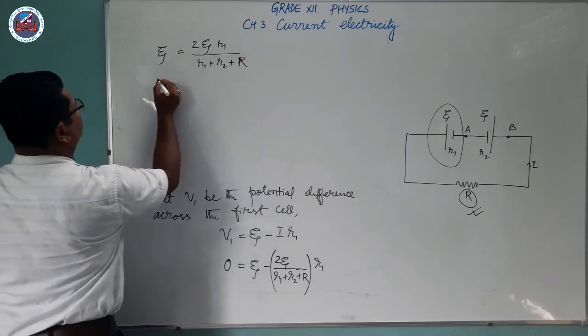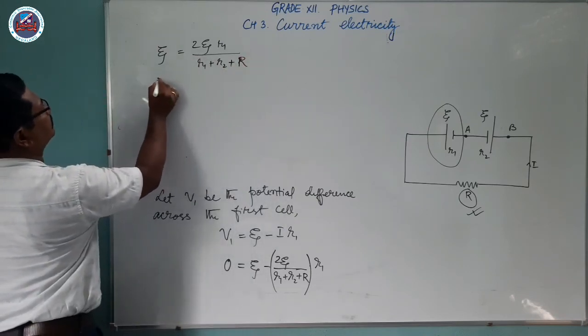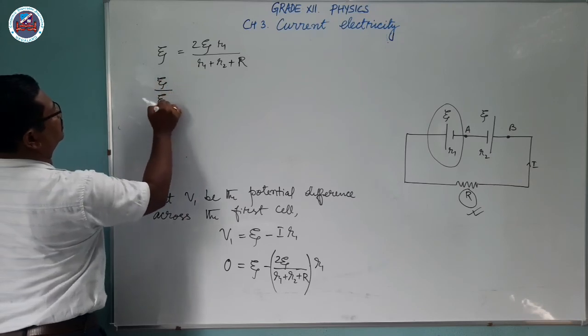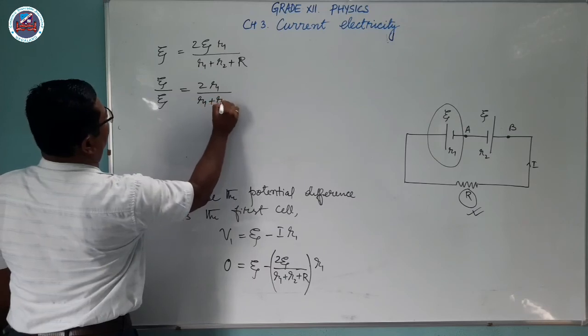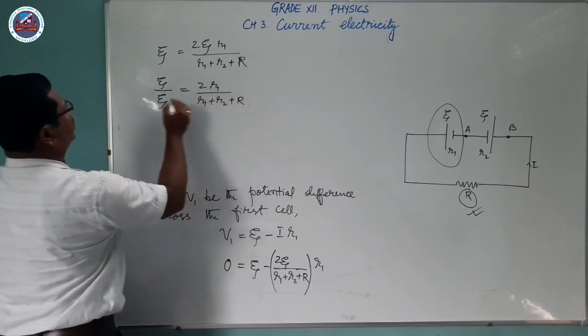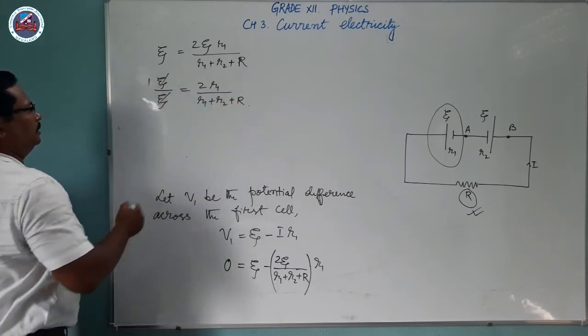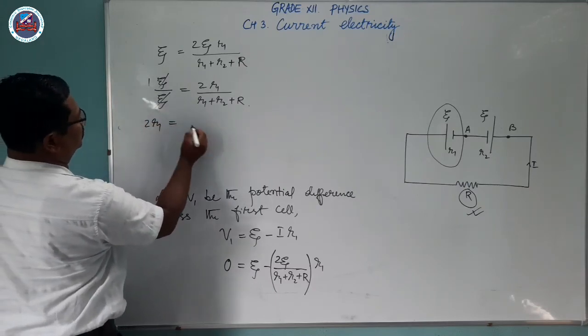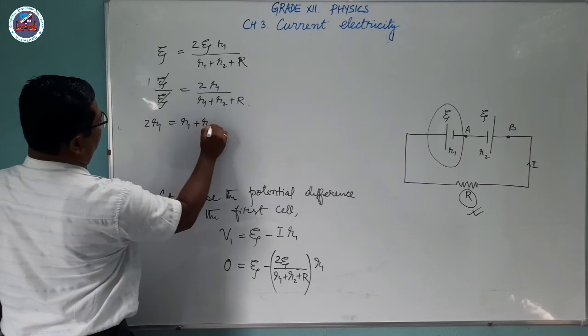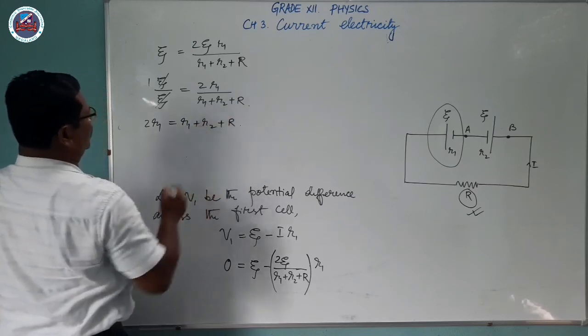This epsilon, if you bring down, epsilon divided by epsilon is equal to 2R1 over R1 plus R2 plus R. These two, if you cancel, you get 1, then cross multiply: 2R1 is equal to R1 plus R2 plus R.